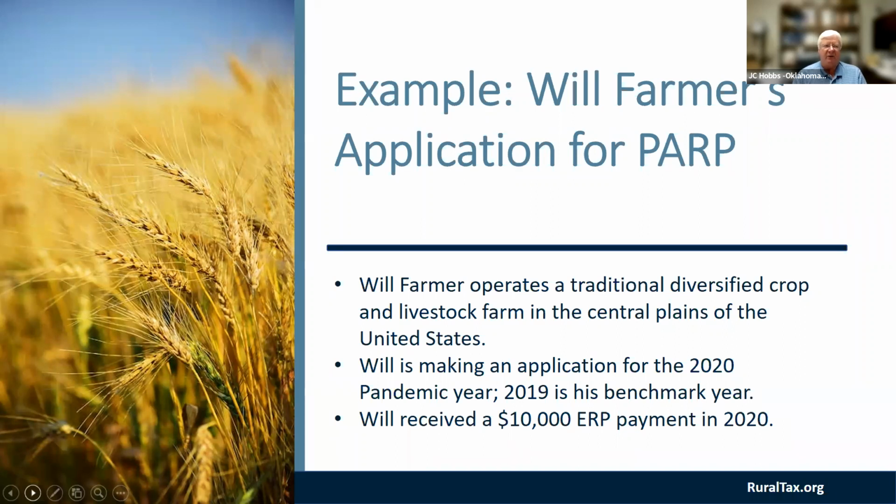But the only piece that we've got to look at for the PARP application is, I believe, Part 1, line 2, and Part 2, line 10. Those are the only things that are going to show up from the Form 4797 in the PARP application.